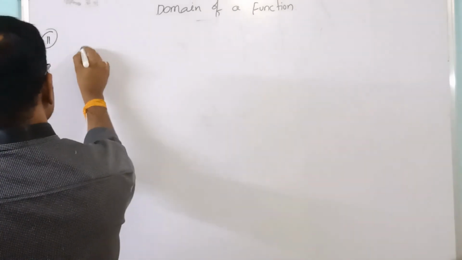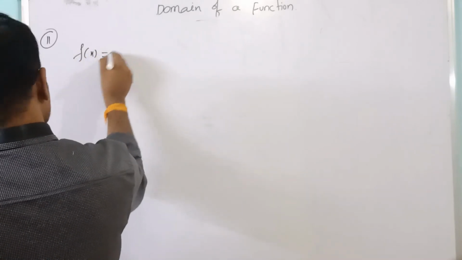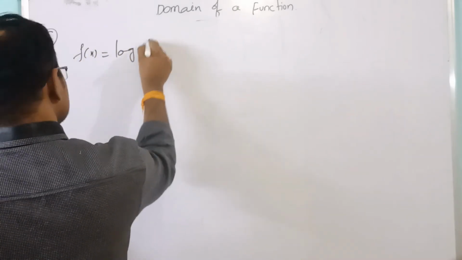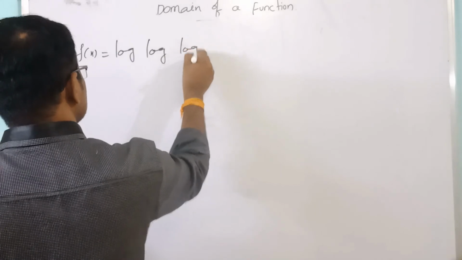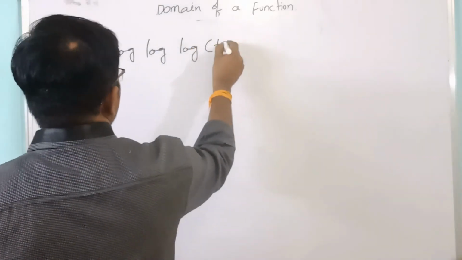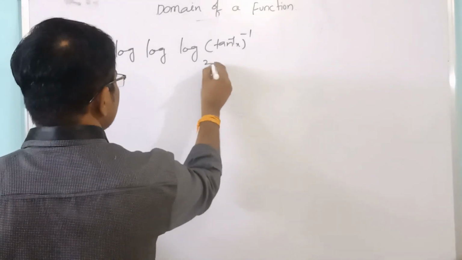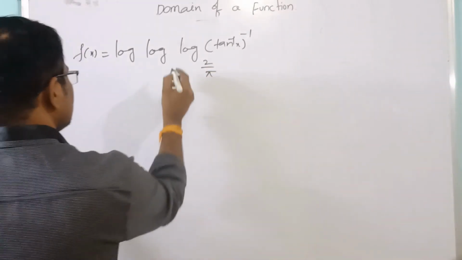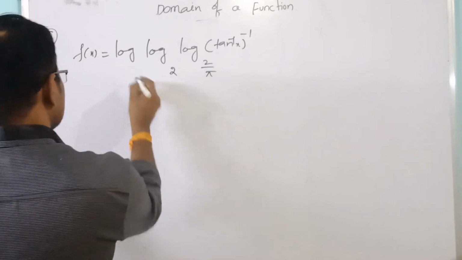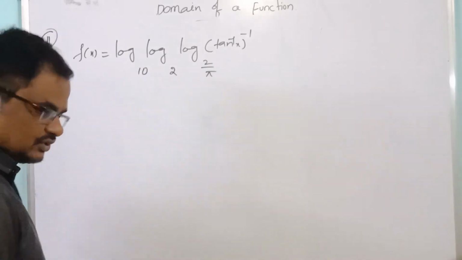So like this, they gave f of x equal to log of (tan inverse x) whole power minus 1, with the outer log to the base 2 by pi and the inner log to the base 10. So how to do this one?